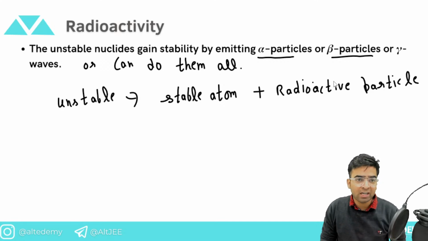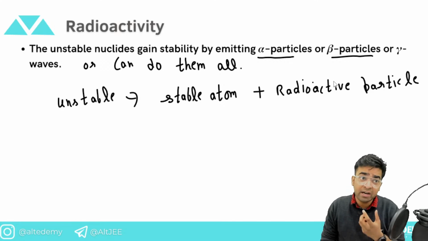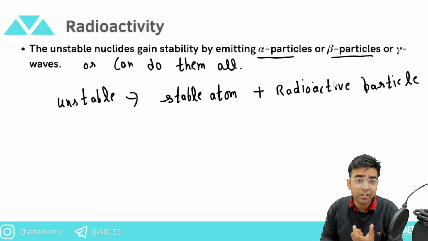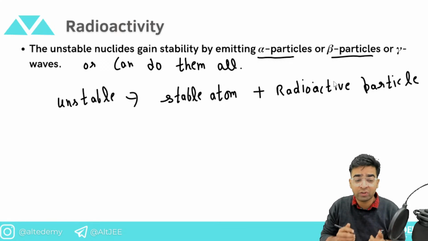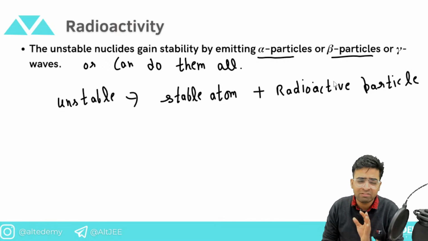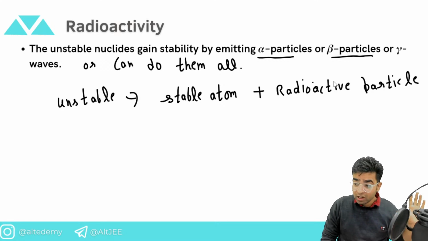They are called radioactive particles because they have very high kinetic energies when they get emitted, and they have penetration power. That's why they are called radioactive particles. Are we clear?